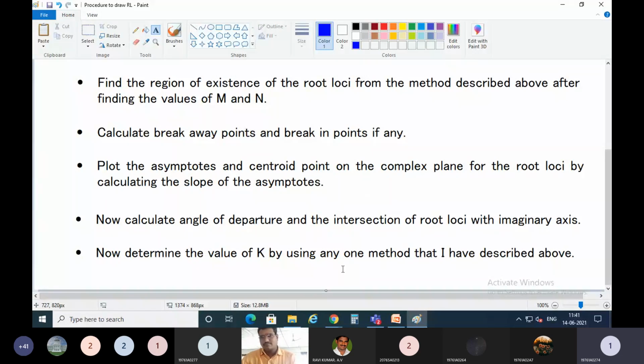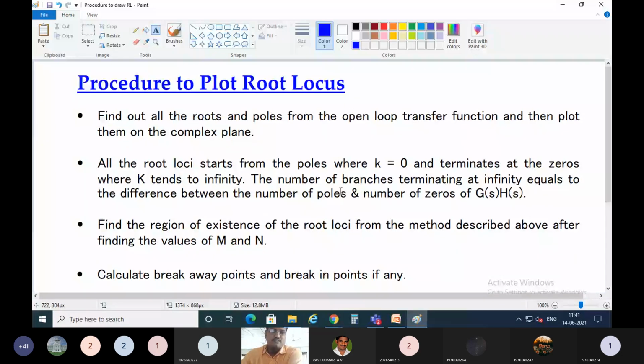Next, calculate the angle of departure and the intersection of root loci with the imaginary axis. Next, determine the value of k by using any one method that I have described above. So whatever rules I delivered, the same rules are given here in the form of points. This is the procedure to draw the root locus.